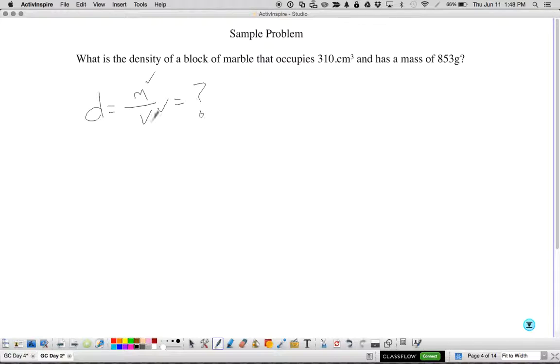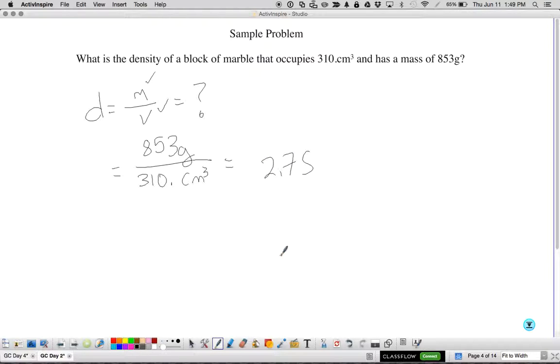When you get a chemical formula like this, one of the first things you need to do is solve for the unknown, and in this case, the unknown is the density. So density is the mass, 853 grams, divided by the volume, 310 centimeters cubed, okay? And I get 2.75.